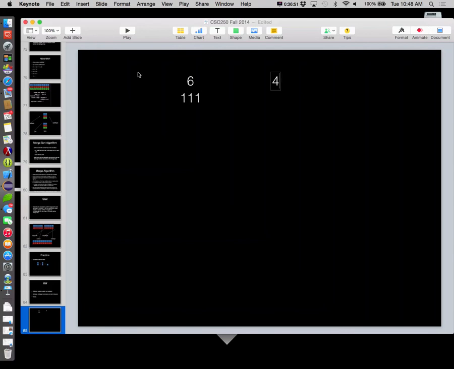Does 4 evenly divide 6? No. Does 4 evenly divide 111? No. What's the square root of 4? It's 2. Does 2 evenly divide 6? Yes. But was it the right one? 3 evenly divided 6, didn't it? So did we skip the right answer?